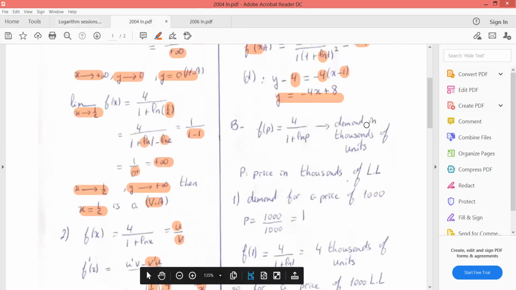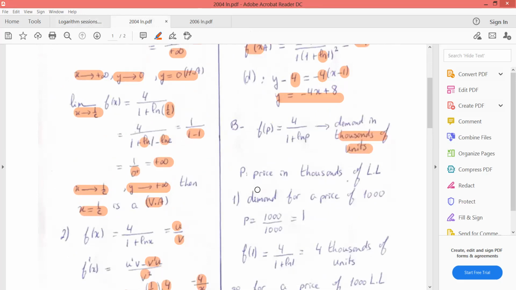So we write it in the following. Here we have the demand in thousands of batteries or units. P is the price in thousands of Lebanese lira. We are going to calculate the demand for a price of 1,000. So I put P equal 1,000 divided by 1,000, because the unit of P is 1,000.